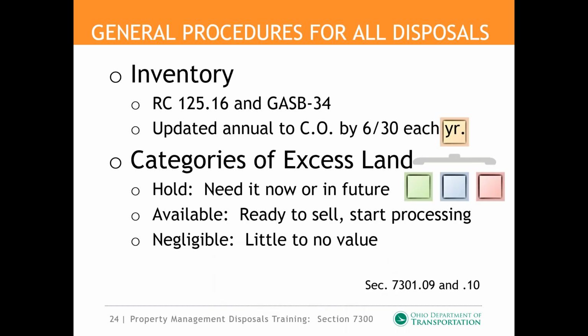Each district must maintain an accurate, up-to-date inventory of excess lands in conformance with Ohio Revised Code 125.16. The excess land report is maintained on a shared real estate only drive.